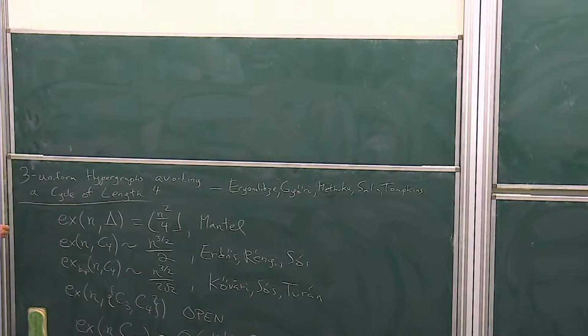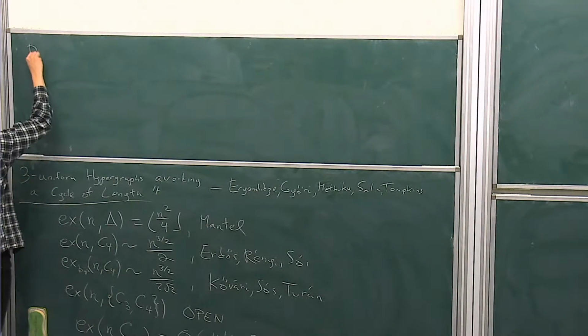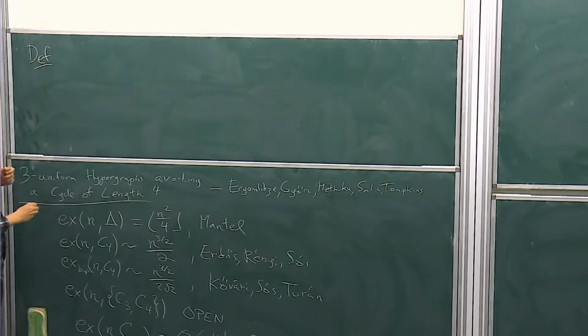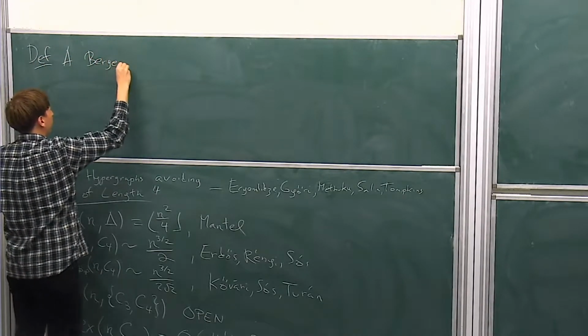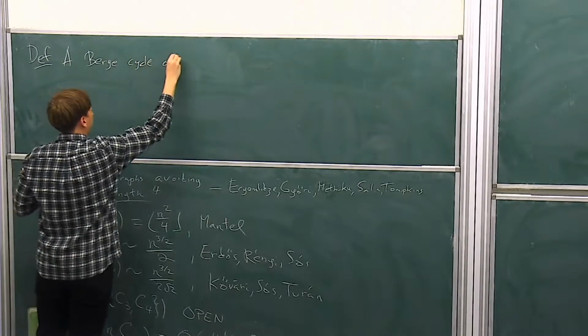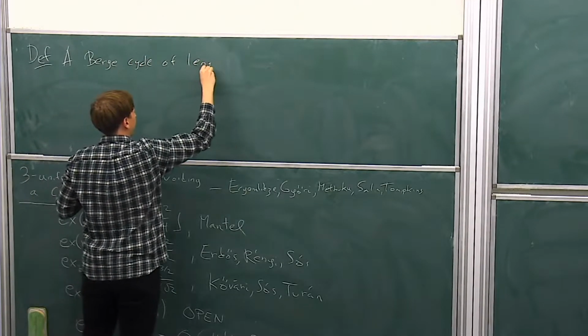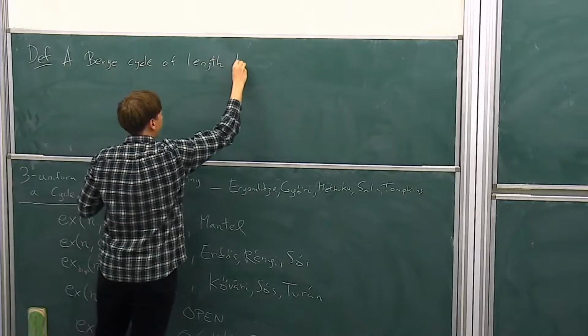Okay, so what is a Berge cycle? Definition: a Berge cycle of length, let's say k.